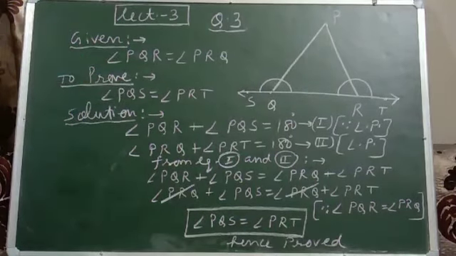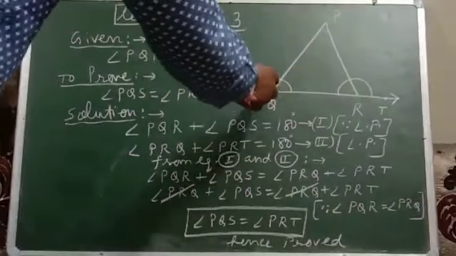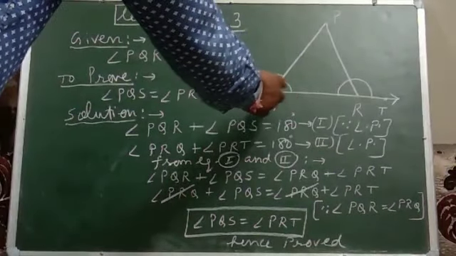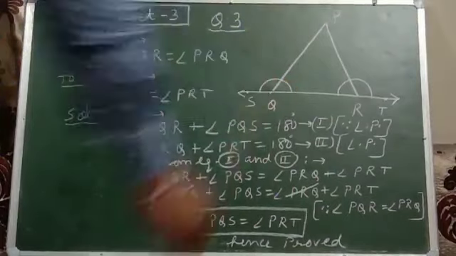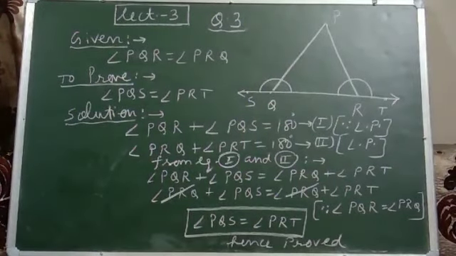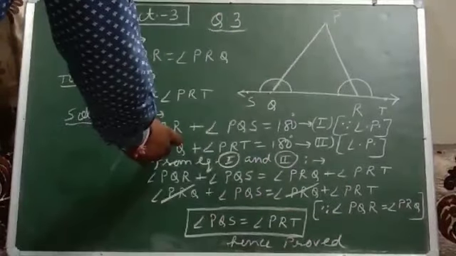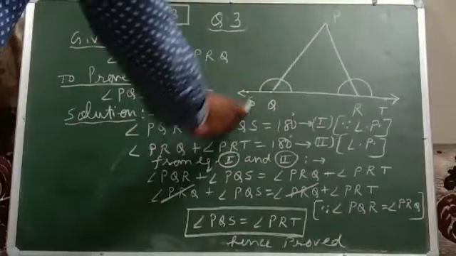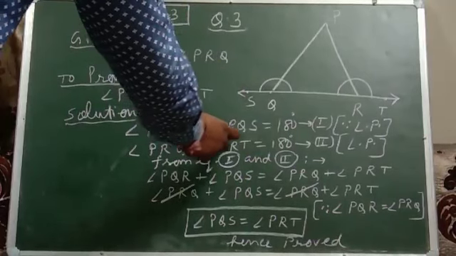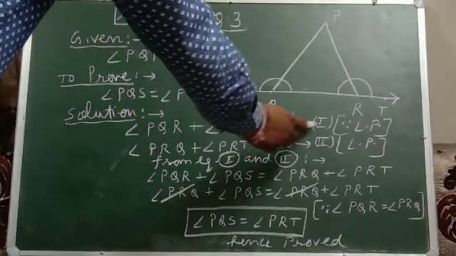Now you know very well, if this is a line, then the sum of these two angles will be 180 by linear pair of angles. What is the name of this angle? This angle is PQR. What is the name of this angle? This angle is PQS. So their sum is 180. Let this be equation number first.